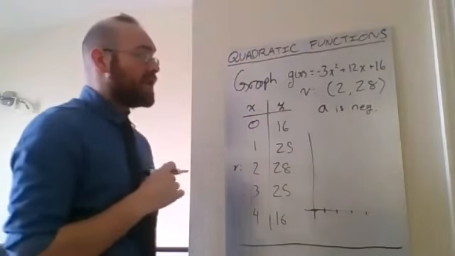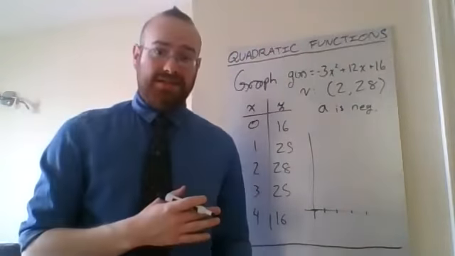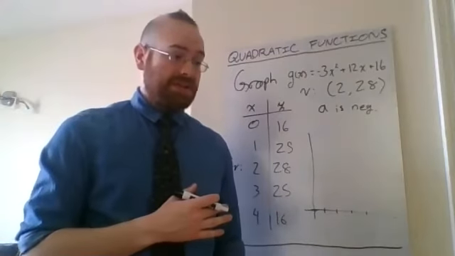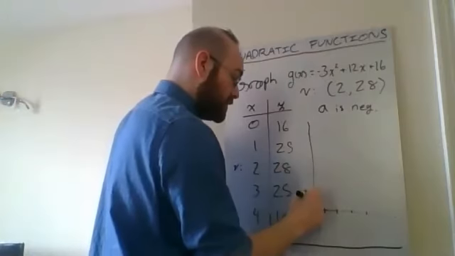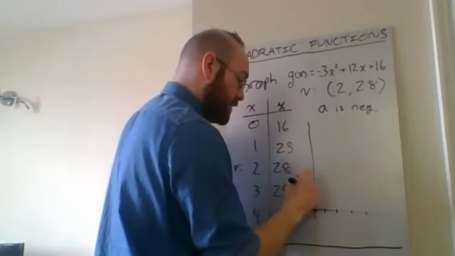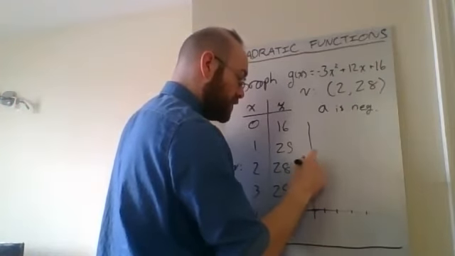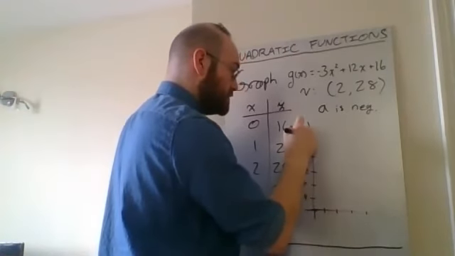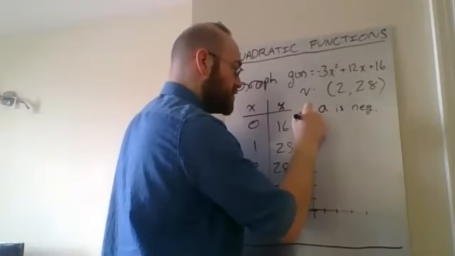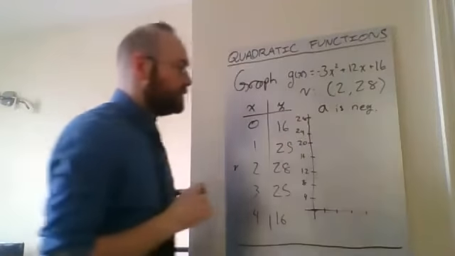And I have to get all the way up to 28. So let's count by 4s again. That would be 4, 8, 12, 16, 20, 24, and just barely we'll get to 28.